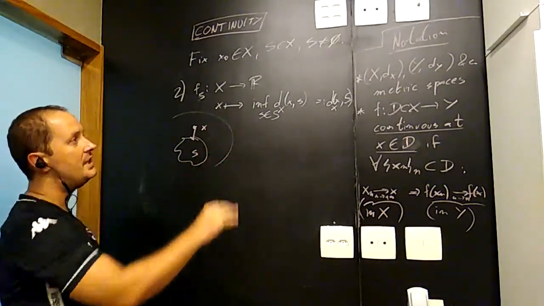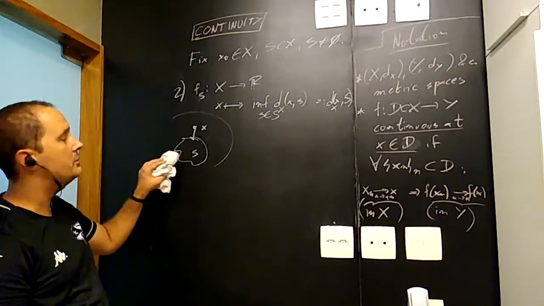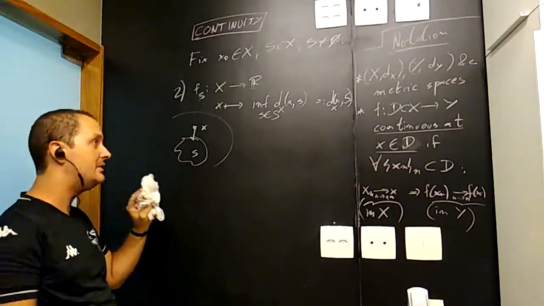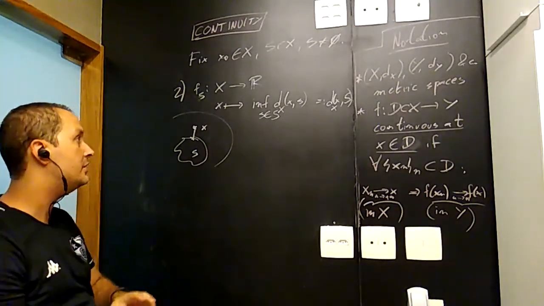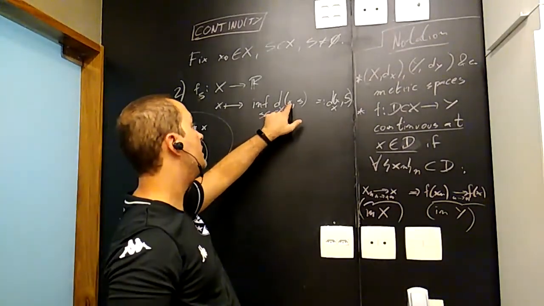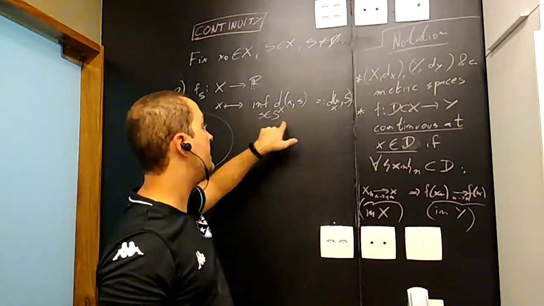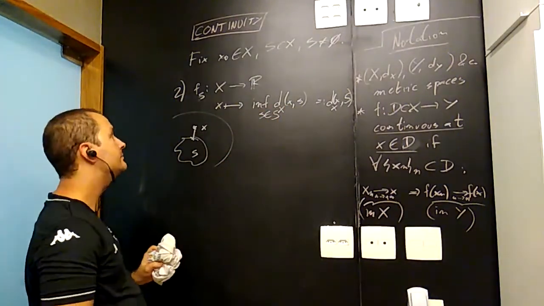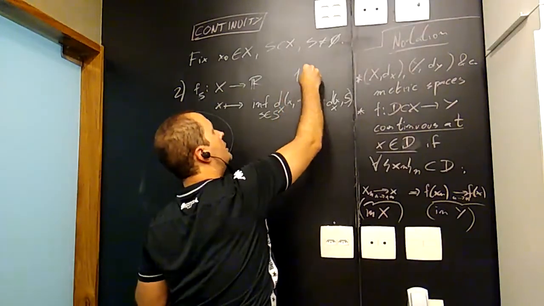We're in an abstract setting, so we shouldn't believe this picture too much. We should accept it with a grain of salt, but that's intuitively what's being done. You're measuring the shortest distance you can travel from x to reach the set S, more or less. It is also one Lipschitz.